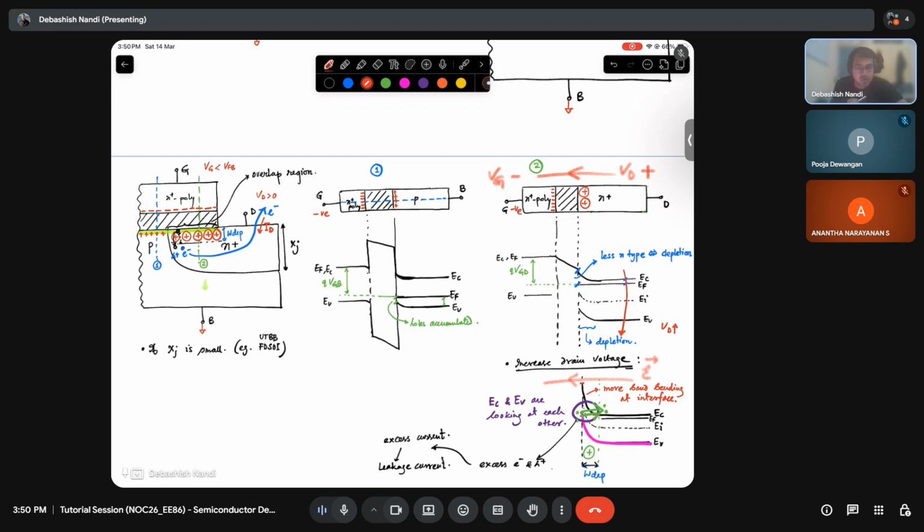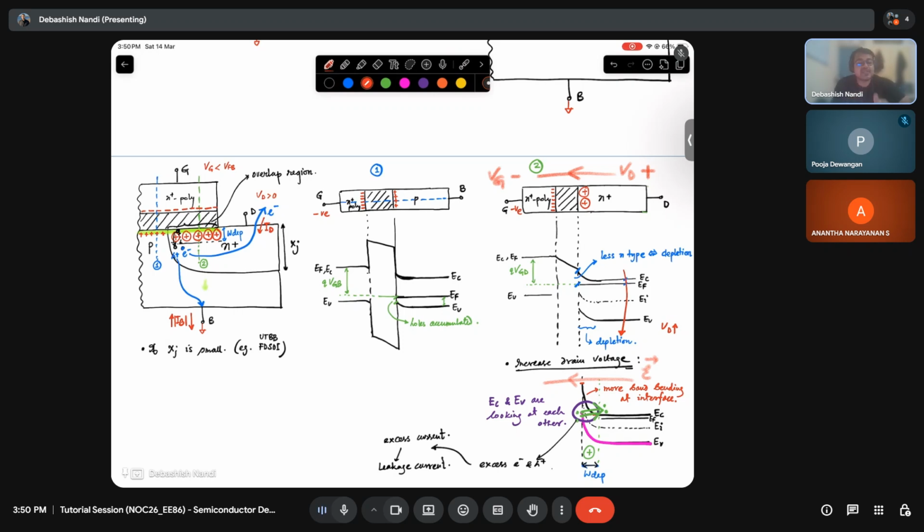But what about the holes? These holes will move through the body, and this will increase your IB. So, clear? The additional current, we will see if we probe the drain terminal current ID and the body current IB.